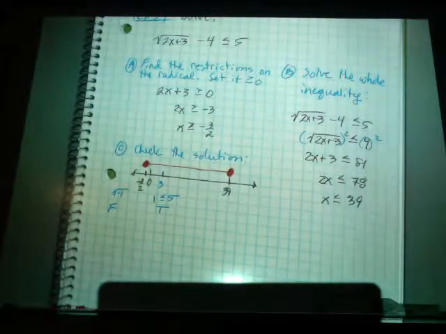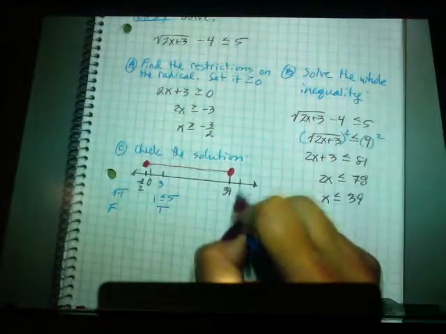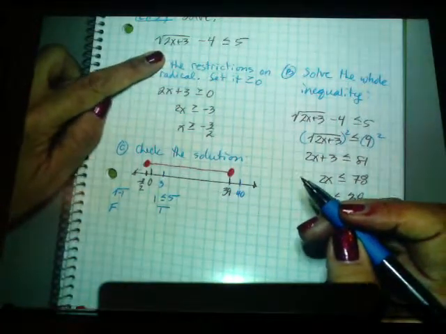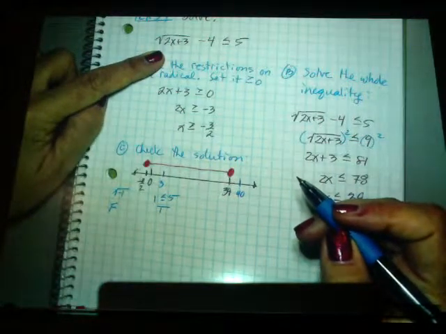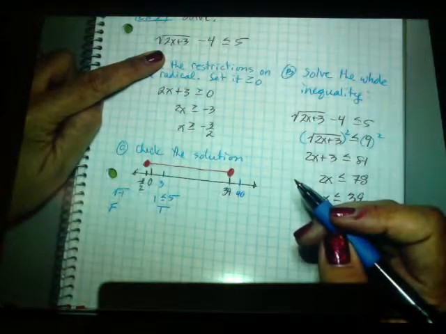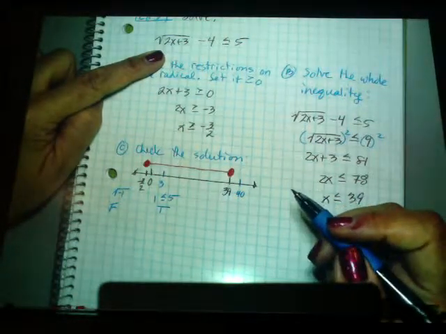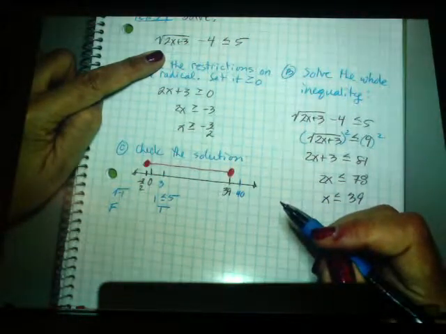Sure. So let's go ahead and use 40. So if we do 40 times 2, we get 80. 80 plus 3 is 83. So the square root of 83 is between the square root of 81 and what?